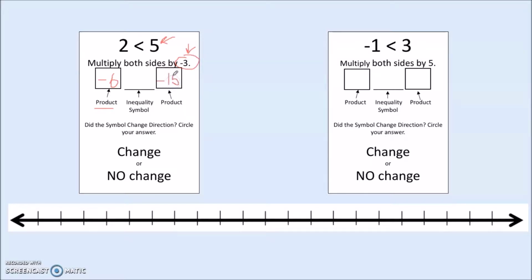On the number line, I'm going to mark 0 here at the end on the right, and then I'm going to count -1, -2, -3, -4, -5, -6. I'll mark -6, and then I'll continue counting. -7, -8, -9, -10, -11, -12, -13, -14, and -15.